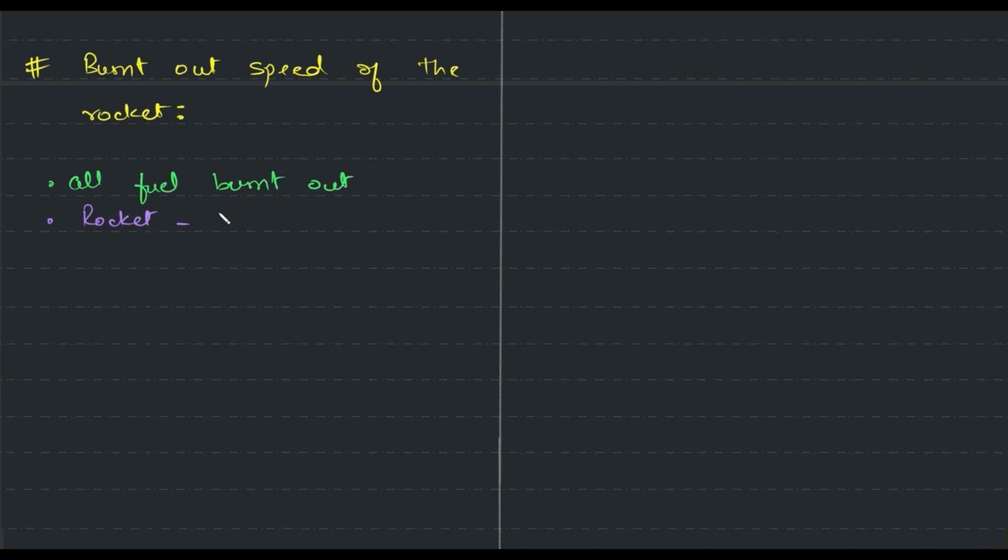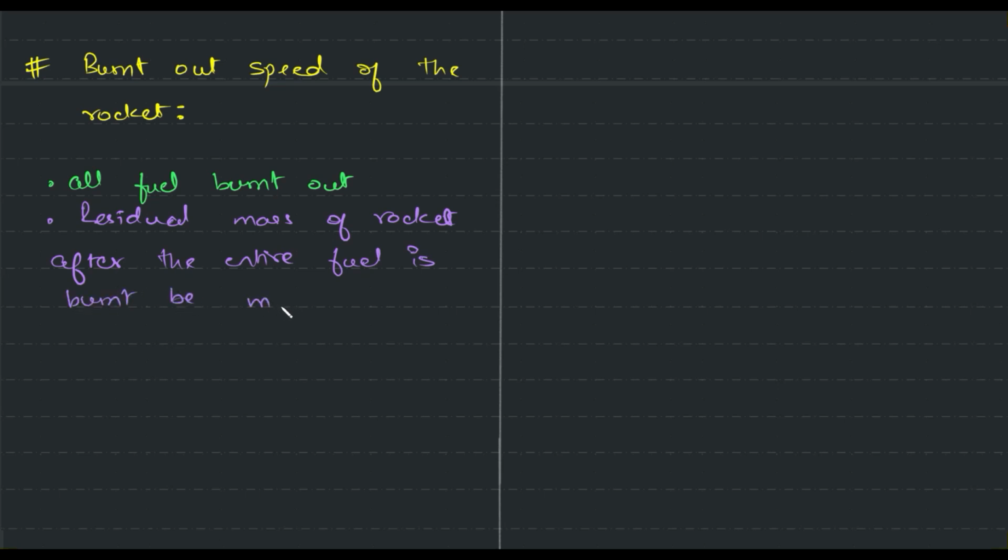So basically, the residual mass of the rocket is one technical word, but let's look at some other word. The residual mass of the rocket, basically the physical structure, which is left out after the entire fuel is burnt out, call it m b, I guess, or whatever.